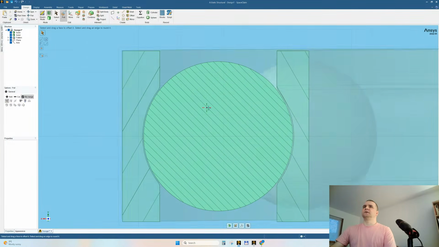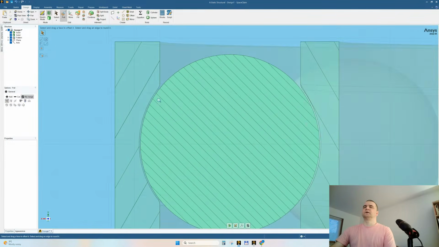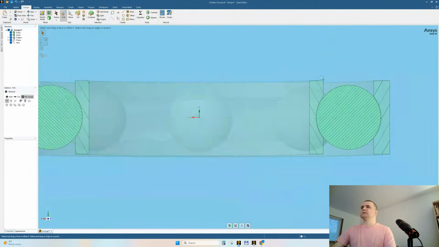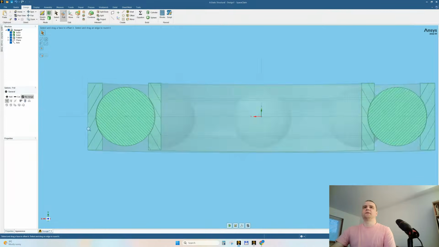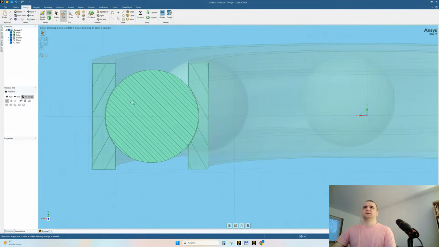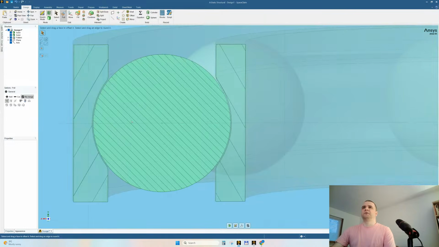You can see now the fillets or the rounds. Okay. The same thing happens also here because we have 360 degrees. We kind of have the basis of a roller bearing.